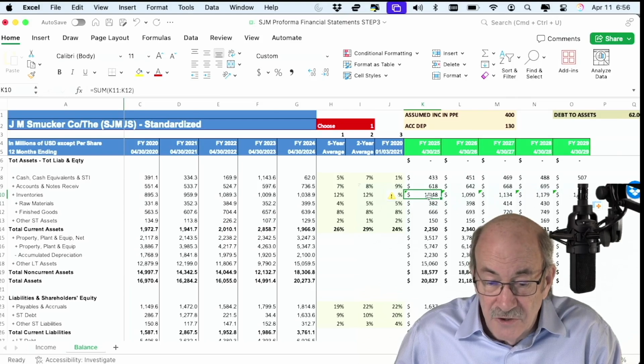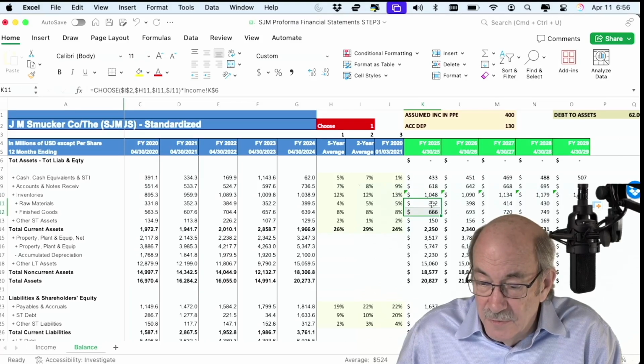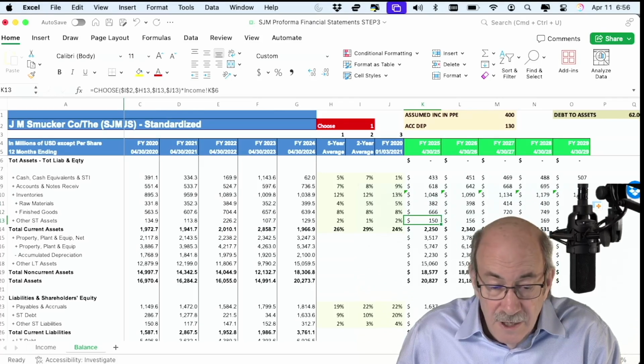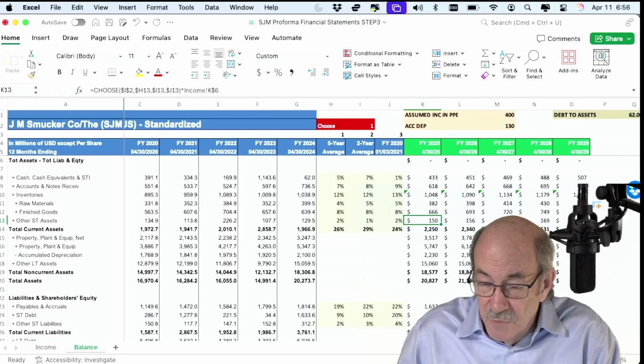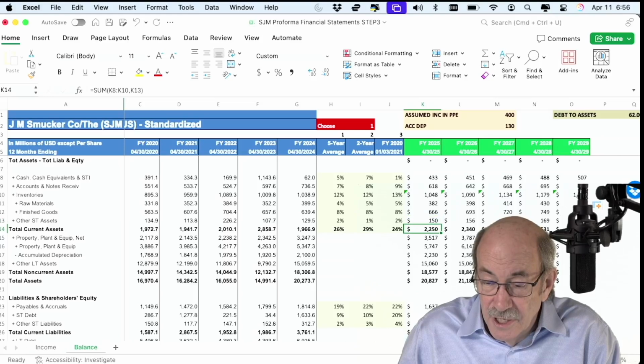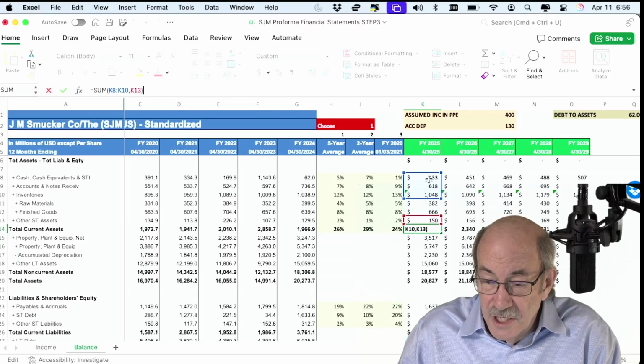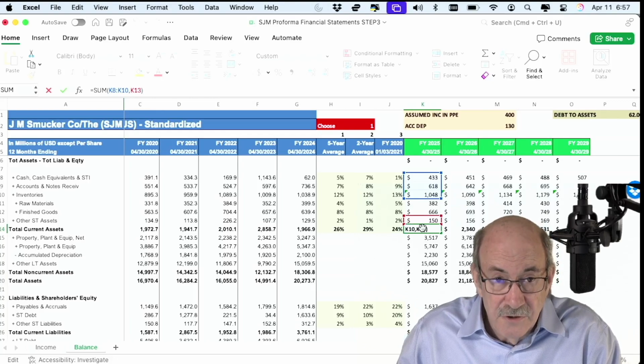So this is actually a subtotal of the 2 sub-accounts below it. And then I've got other short-term assets, and again, I've done this as a percent of sales using the 5-year average. This one, again, is a subtotal. Notice it's the cash, the accounts receivable, the net inventories and the other short-term assets.